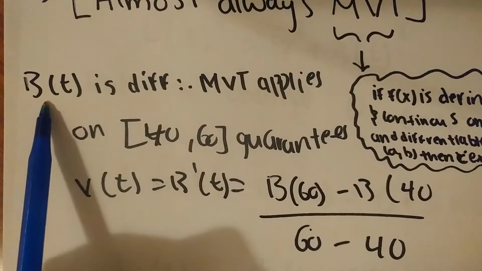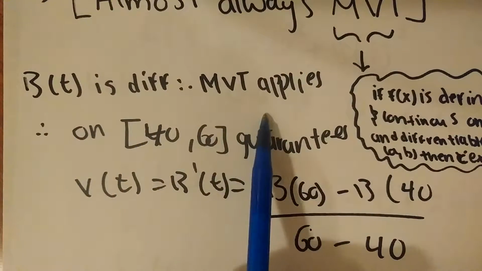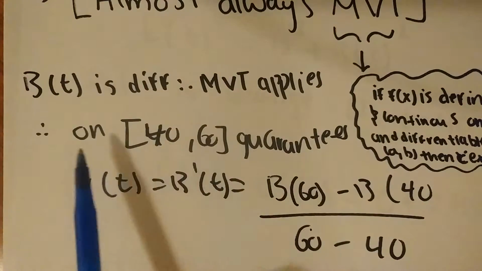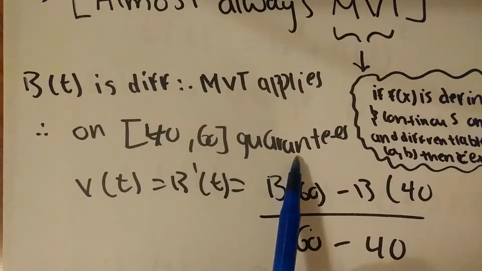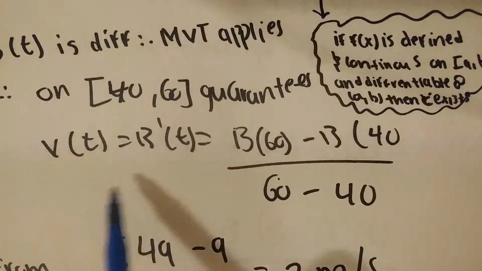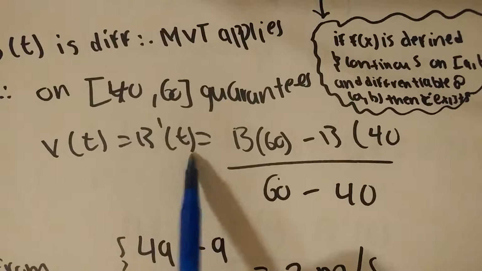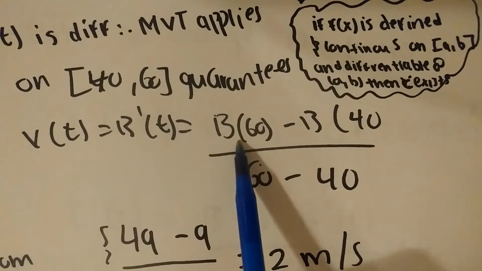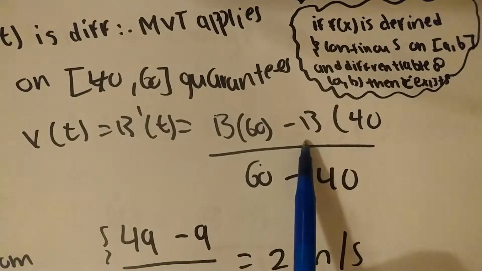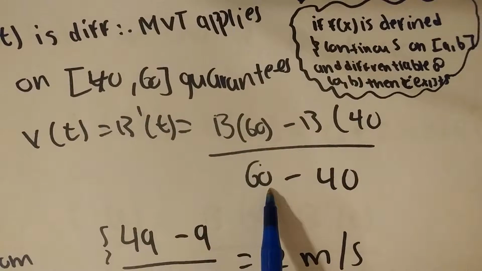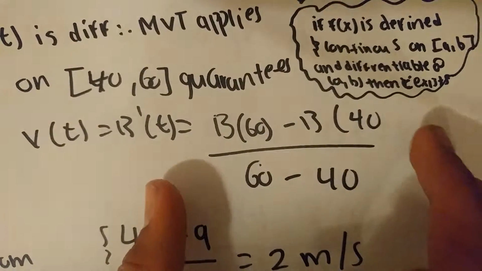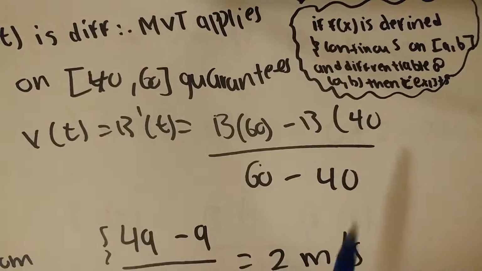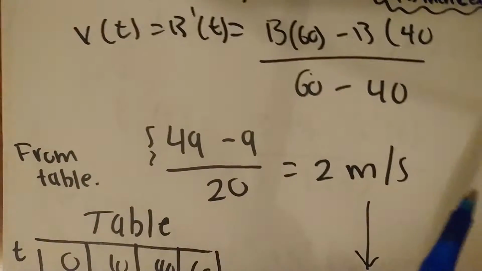So v of t is differentiable, therefore MVT applies, and therefore on the interval 40 to 60, it guarantees that v of t, which really is just b prime of t, equals some value for b of 60 minus b of 40 over 60 minus 40, which is like an average that we will find within those bounds, that's guaranteed to be there.